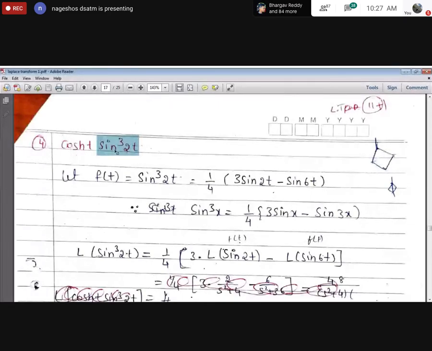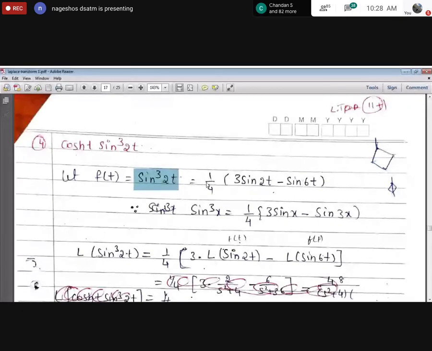So Laplace transform of this, how to find out? First use that formula, sin cube x formula. You have to use sin cube x formula. Sin cube x formula is 1 by 4 into 3 sin x minus sin 3x.